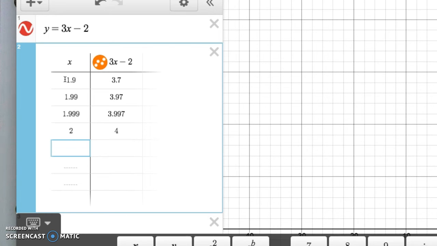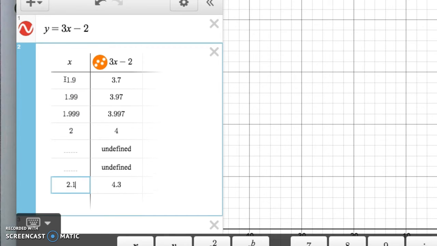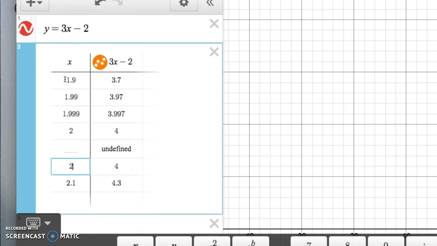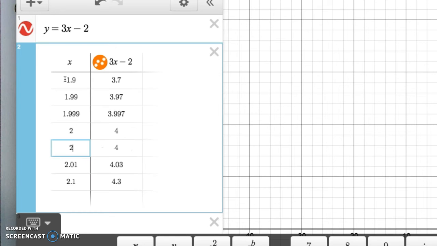And then, so if 1.9 is a step under 2, then what would be my step above 2? So I would go to 2.1 is above it. Closer to 2 from the right side would be 2.01. And then even closer to that would be 2.001.